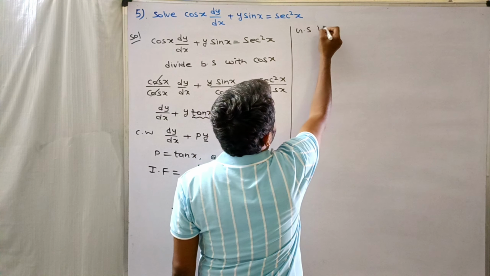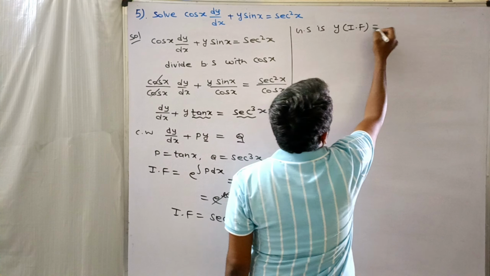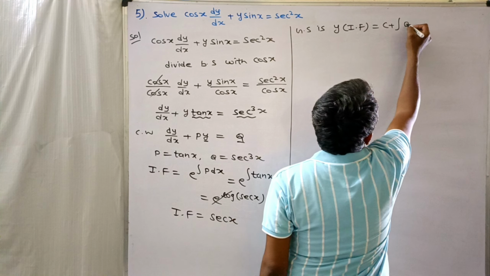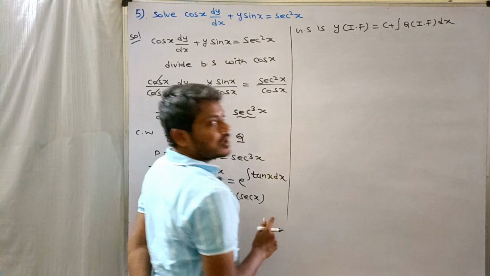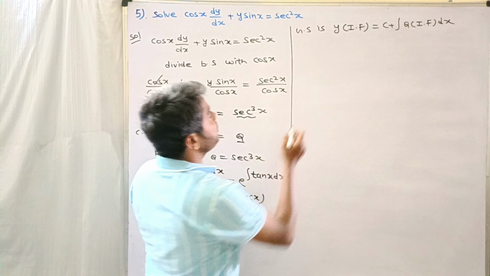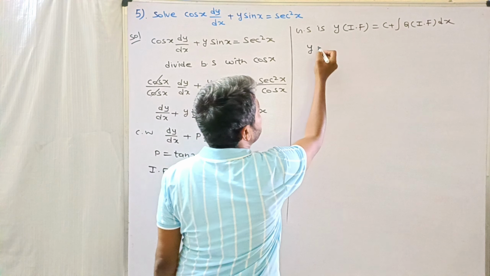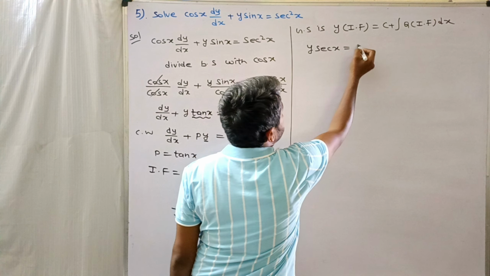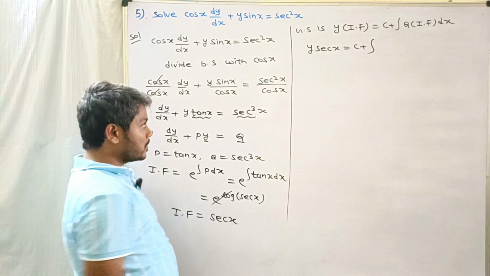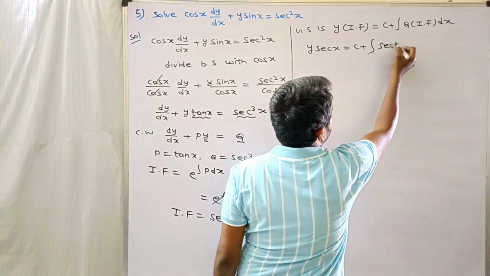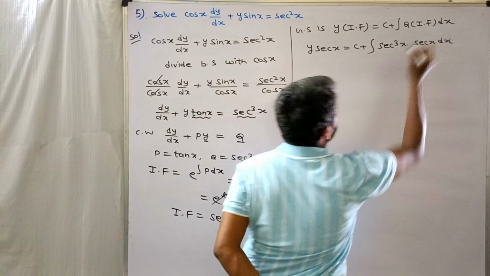Therefore the general solution is y into integrating factor, which is equal to c plus integral q into integrating factor dx. Now we can substitute the values. Y into integrating factor, secant x, which is equal to c plus q value secant cube and integrating factor secant x dx.